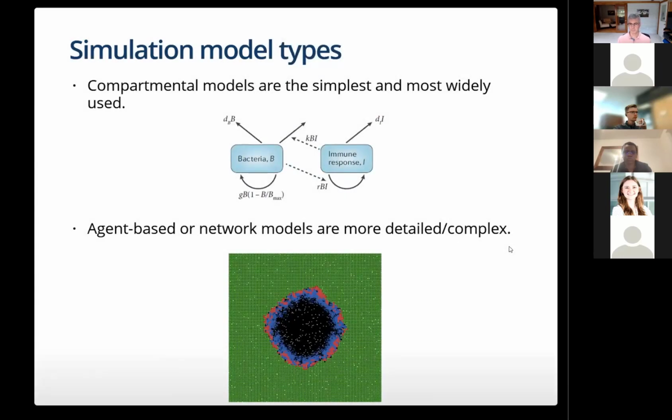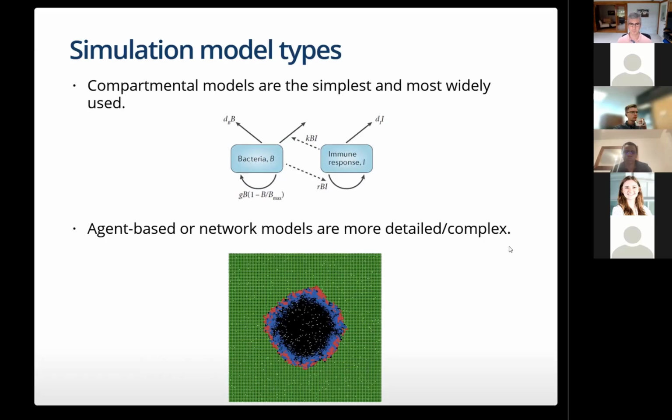These simulation models are a certain kind of model, but within them there's again a variety of kinds. We'll mostly focus on what are called compartmental models. They're called that because you divide the entities you're interested in, in this simple example bacteria and immune response, into distinct compartments, and you just track the total numbers. That makes them fairly simple.